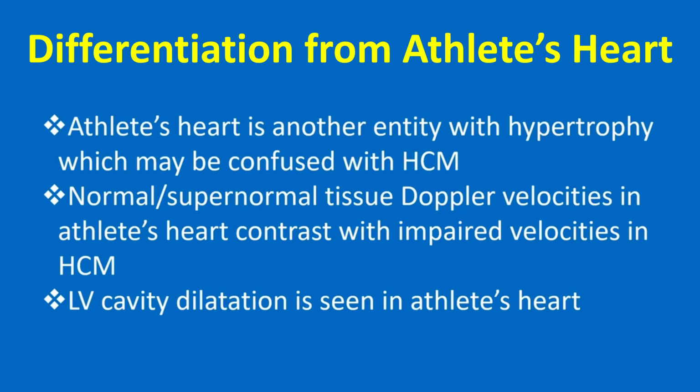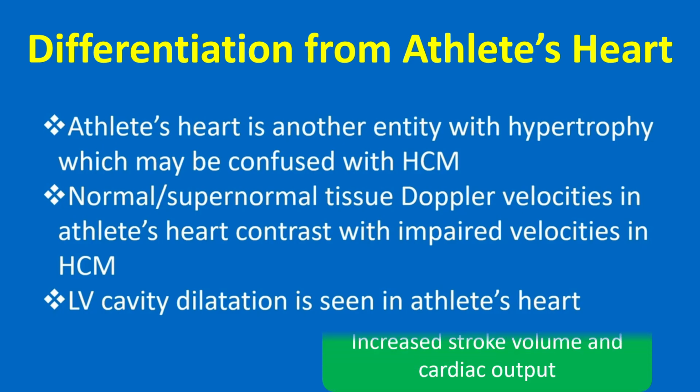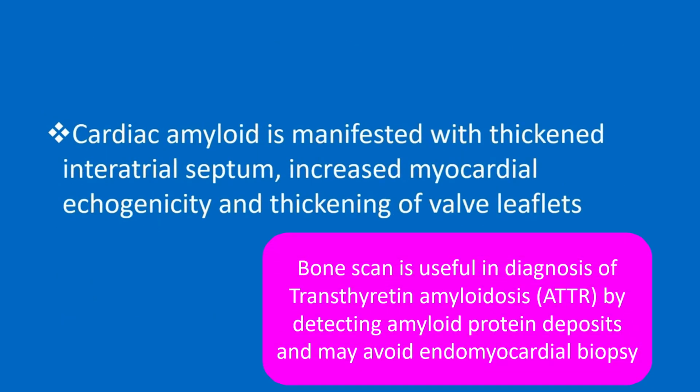Normal or supernormal tissue Doppler velocities in athlete's heart contrast with impaired velocities in HCM. LV cavity dilatation is seen in athlete's heart. Cardiac amyloid is manifested with thickened interatrial septum, increased myocardial echogenicity, and thickening of valve leaflets.